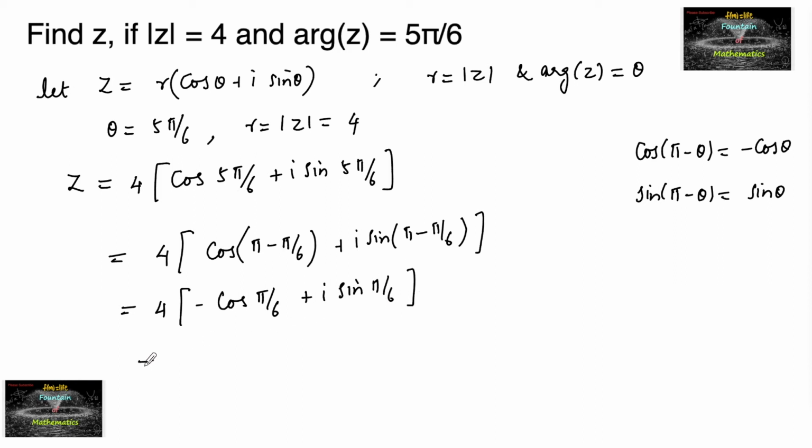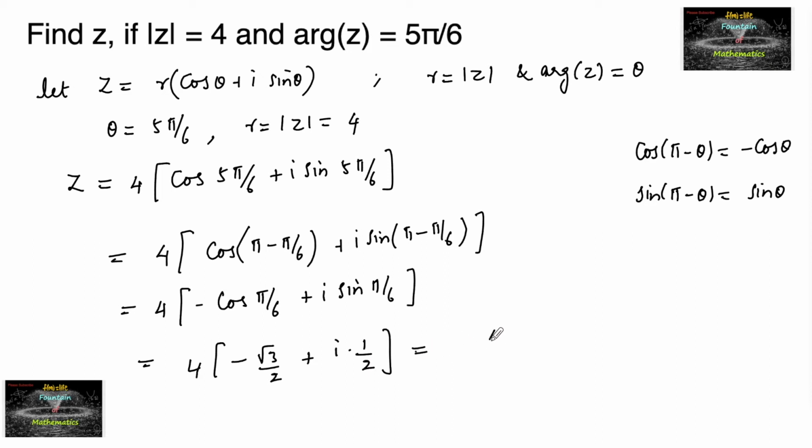So which equals 4 times of minus cos 30 degrees, pi by 6 is 30 degrees, that is √3 by 2, plus i sin 30 degrees, which is 1 by 2.